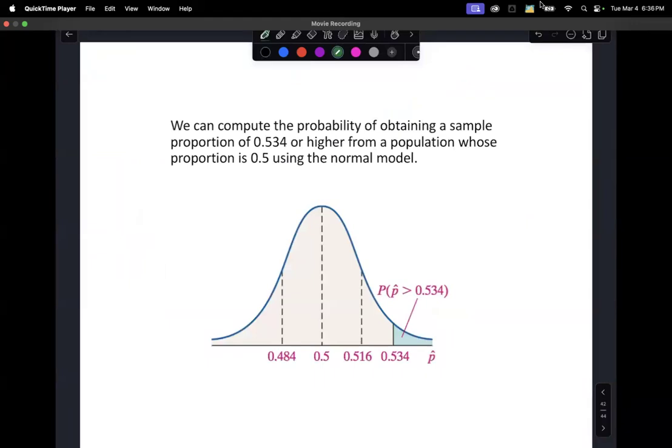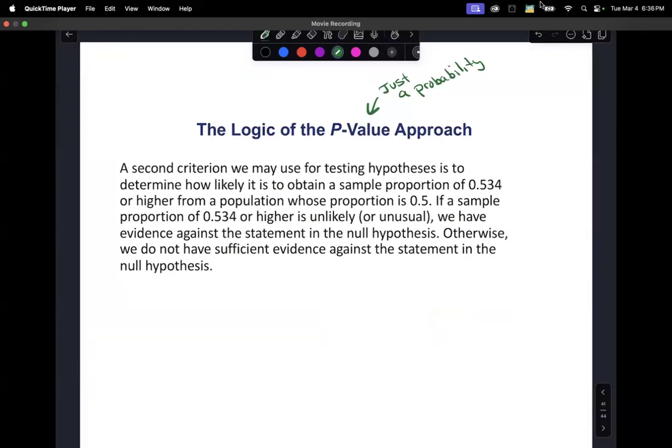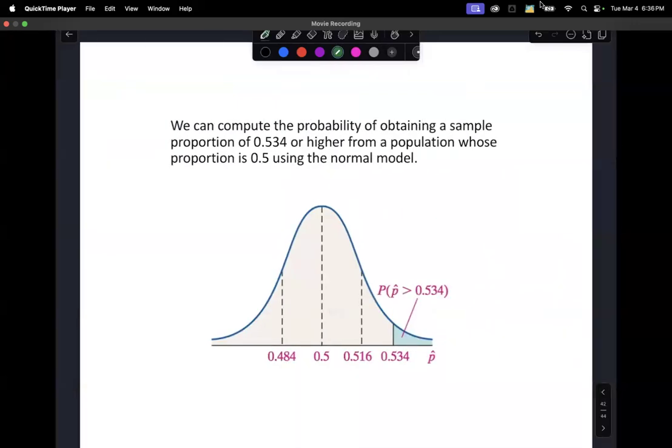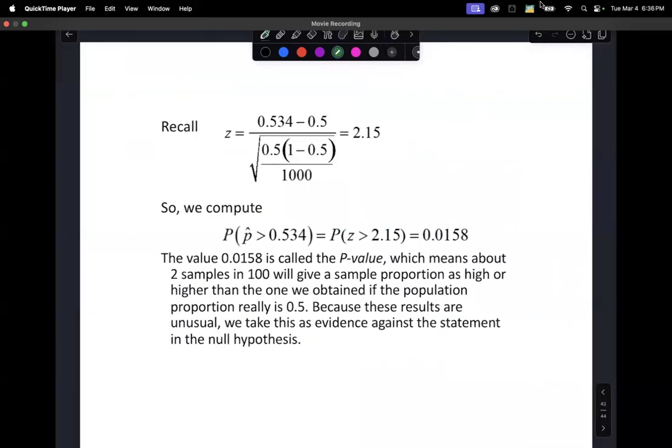So let me show you. That number is always the same? No, it can be any number. I'm just going to jump over here. What I did was convert it to a z-score, but it didn't even really matter. So the probability of getting a z-score greater than 2.15 is this right here.